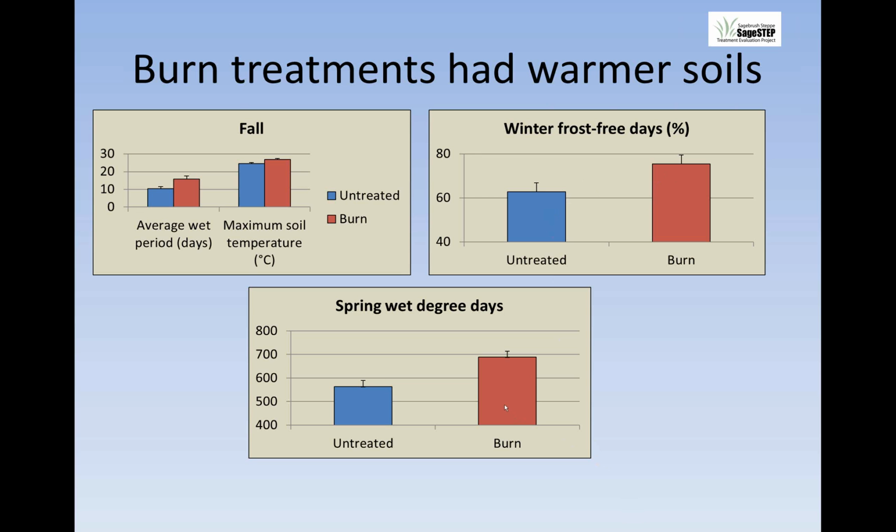In other words, we're accumulating time above 0 degrees when the soil's wet more on the burn than the untreated. So these in part explain why we get better cheatgrass on the burn. You also tend to get more nitrogen, and it may be sequestered in that water repellent layer, which breaks down over time, and then the cheatgrass can take advantage of it. So the message here is try to treat when you have more tall grasses if you're going to burn, because cheatgrass likes to be burned.